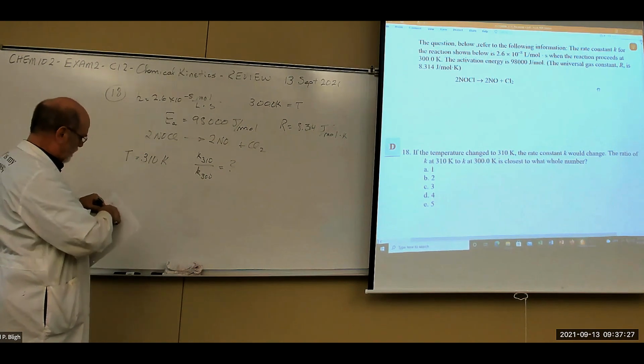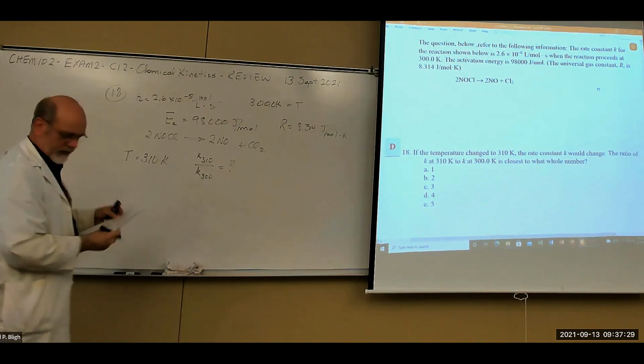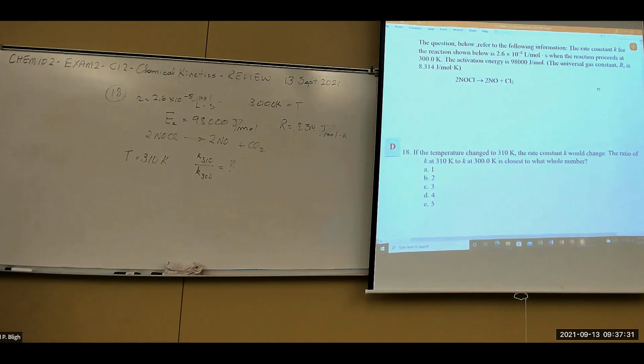So what does the integrated form look like? Let's see, is that in your useful information? Should be. Arrhenius integrated. Yeah, it's the bottom equation on the right-hand side of the page.